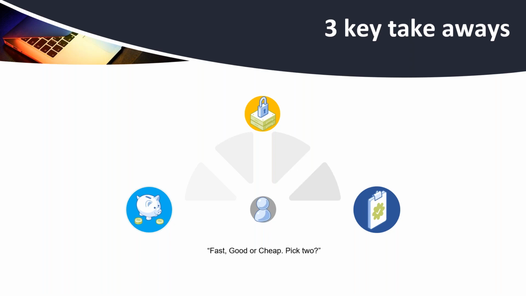But in general, if we implement end-user computing environments, it's either fast and good, fast and cheap, or good and cheap. But there's always a trade-off, and hopefully with this presentation, we're able to kind of guide you and help you with overseeing those potential choices that you have to make, and maybe help you implement your environment.